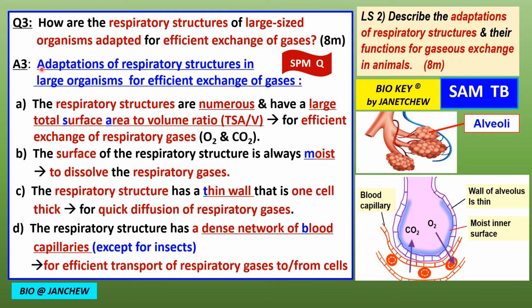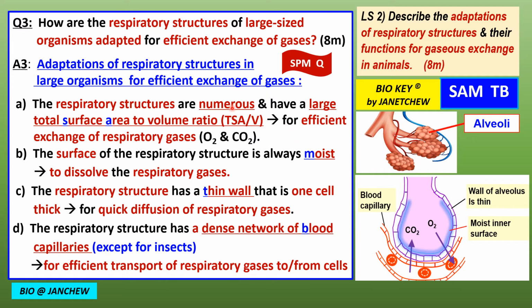So memorize this. Adaptations of respiratory structures in large organisms for efficient exchange of gases include the following points. Firstly, the respiratory structures are numerous and have a large total surface area to volume ratio, TSA per V ratio, for efficient exchange of respiratory gases such as oxygen and carbon dioxide. For example, the human lungs have a lot of alveoli, which are the respiratory structures.